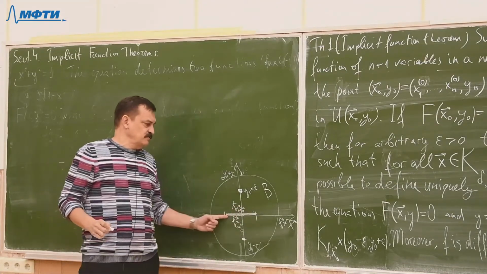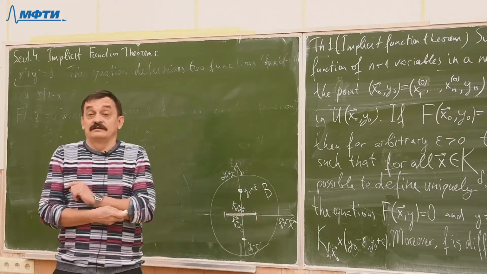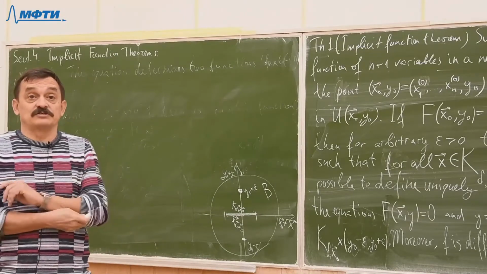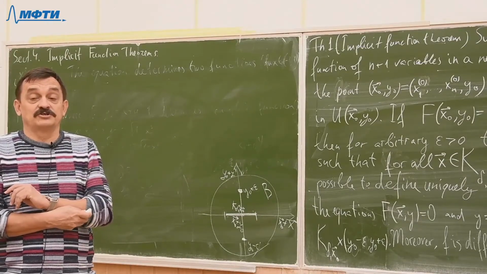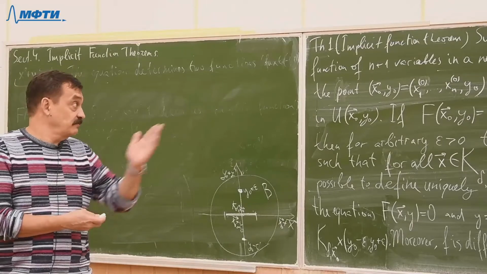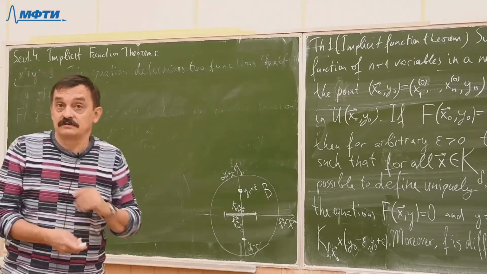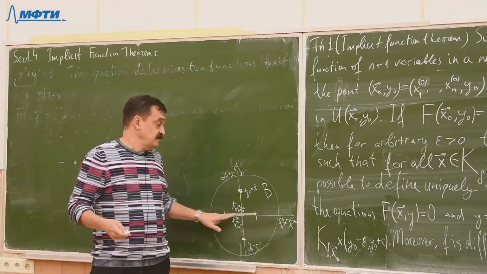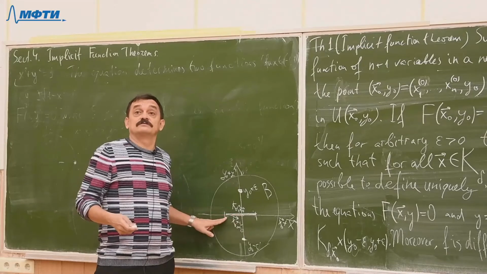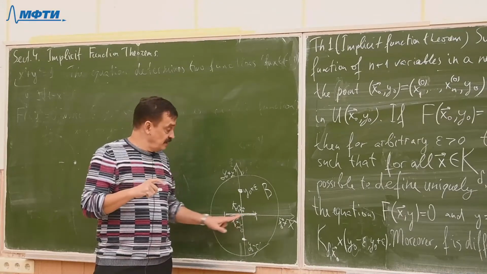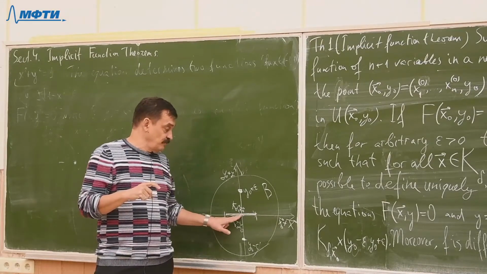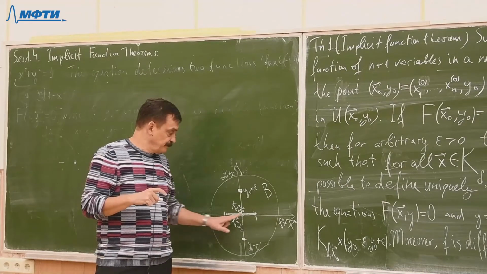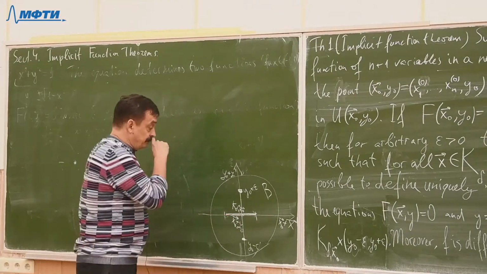So here it is one-dimensional, but the picture is two-dimensional, right? And in general, we need to have n plus 1 variables. So here, this is in general an n-dimensional neighborhood of x naught, right? And what happens?